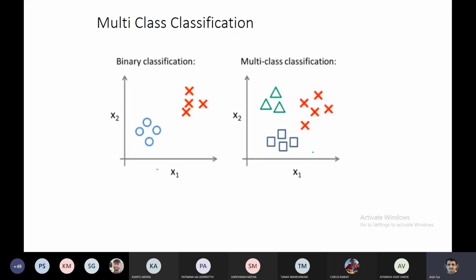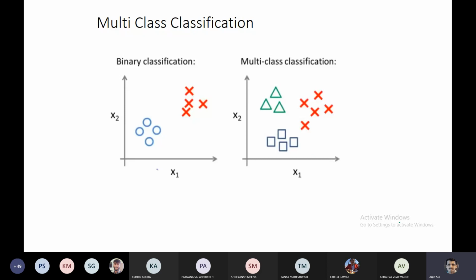So we were mainly discussing classification, and for that we discussed thoroughly linear and logistic regression after the linear regression. Whatever we have discussed so far is on binary classification.